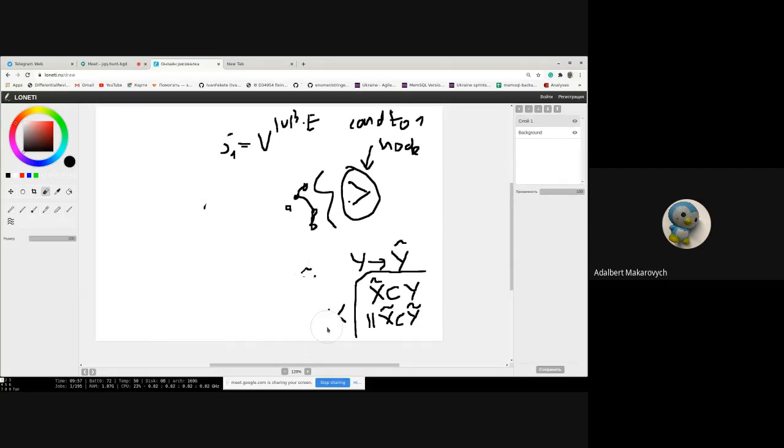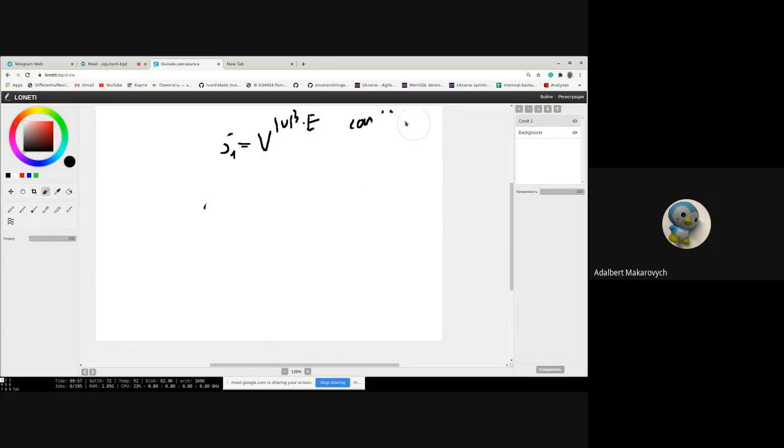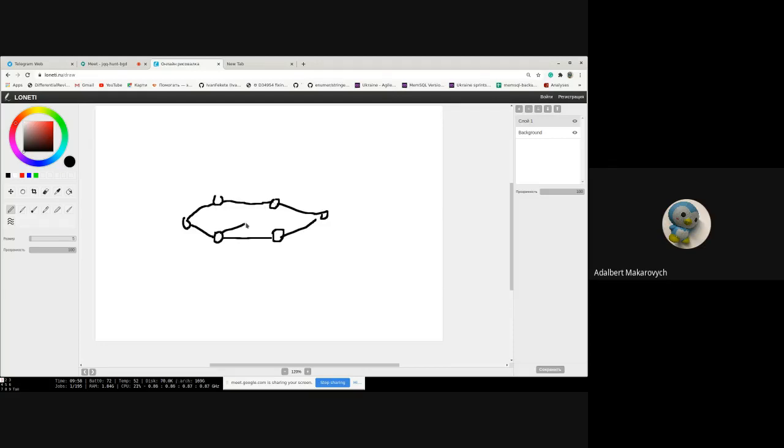In this simple flow problem, we have only capacities, but in the min-cost max flow problem, we also have a cost of pushing flow through the edge. We have a cost for each flow unit.